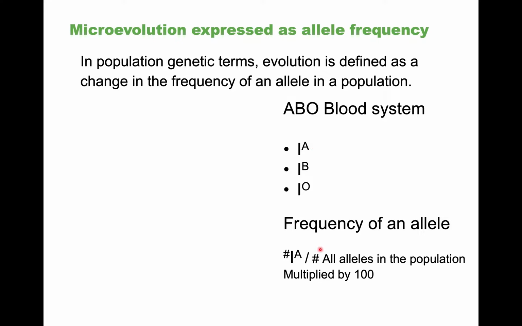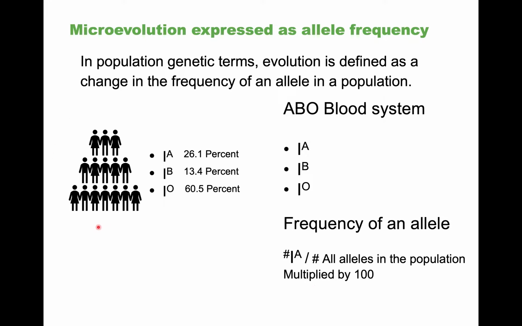You add them up together, that's the total number of alleles in the population. And then you can look at individual alleles and calculate the frequency. So the frequency of the A allele would be the total number of A alleles divided by the total number of alleles in the population, multiplied by 100.